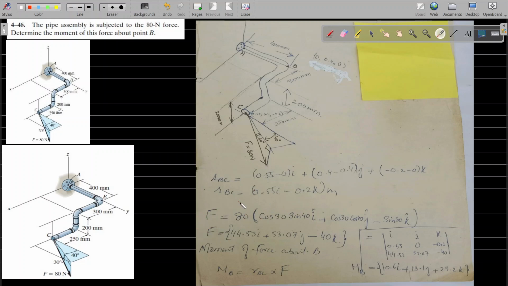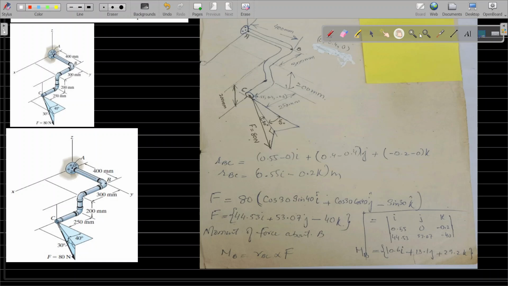Now for the force F calculation, we have to be very careful. This is our force F, and it starts from point C. One of its components will be from this point to this point, and its direction will be this.